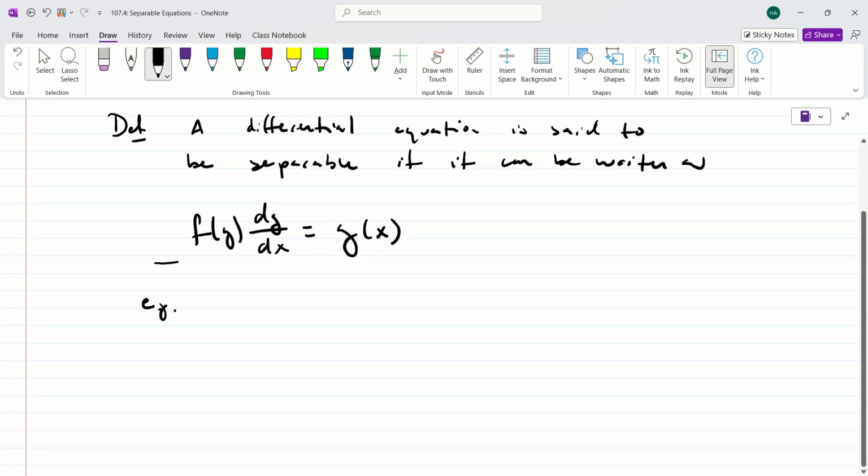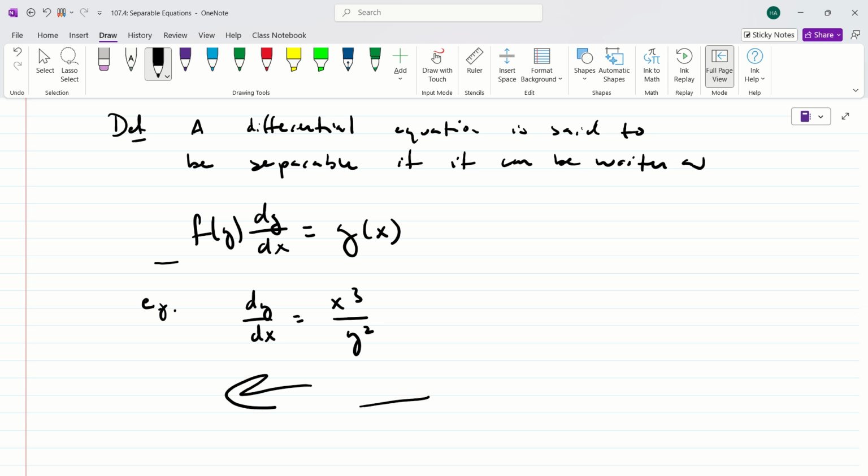As an example, consider the differential equation dy dx equal to x cubed divided by y squared. If I want to see if this differential equation is separable, I'm going to ask myself, can I do a little bit of algebra to move all the y's on one side and all the stuff with x's on the other side?